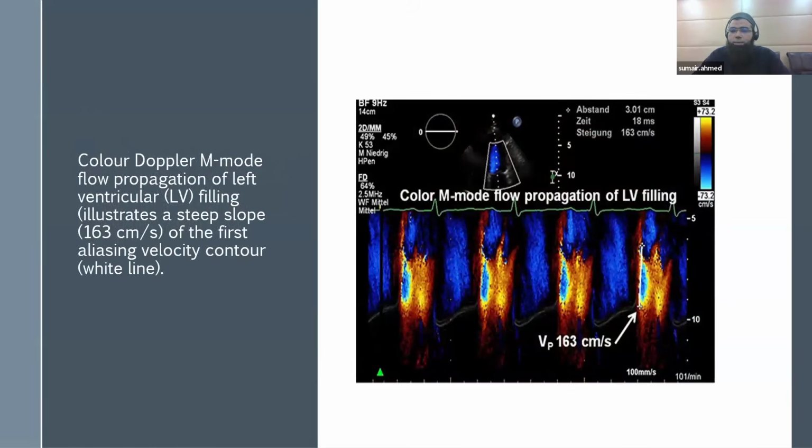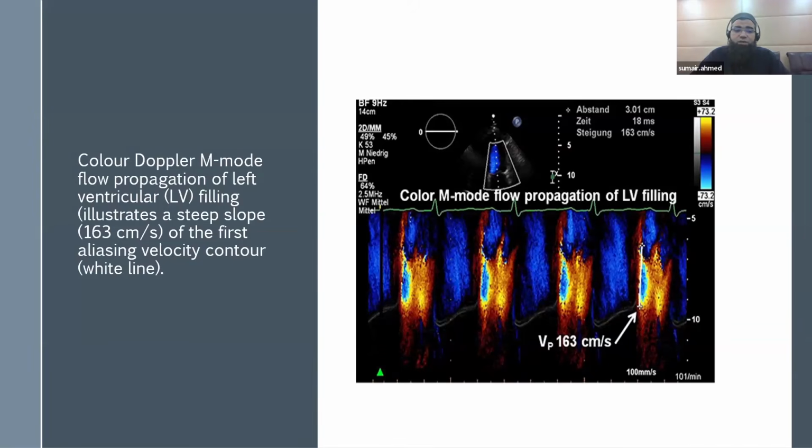This also helps us in differentiating restrictive cardiomyopathy from constrictive pericarditis. This is flow propagation velocity, which is the speed of the blood traveling from the base to the apex. We know that in constrictive pericarditis, because of the rapid relaxation, there is a rapid flow from the base to the apex.